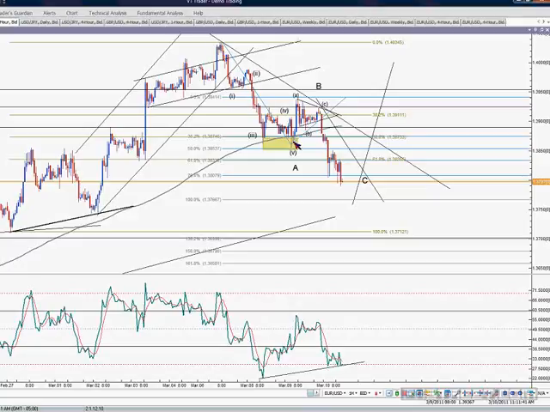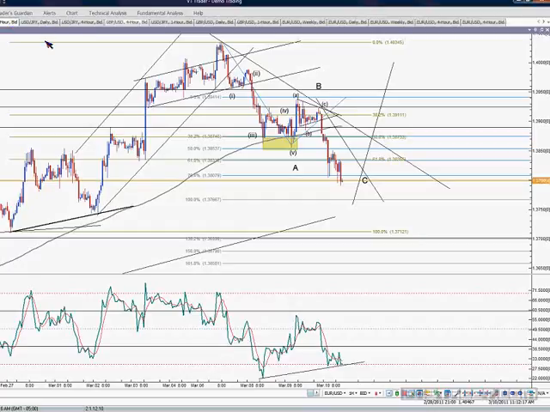A was here, 1, 2, 3, 4, 5, that completed A, and then B was this triangle here, which is A, B, C. But if you break it down even more, it's A, B, C, D, E, 5 waves in this triangle, and now we're breaking back down. So I'm looking at this, maybe this is 1, and maybe 2, 3, 4, 5, coming down towards 1.37. All right, so that's the euro dollar.